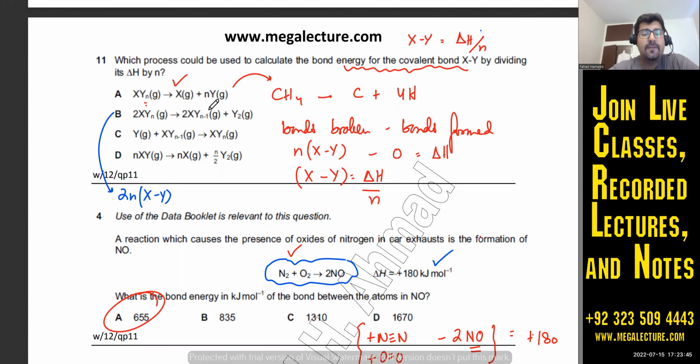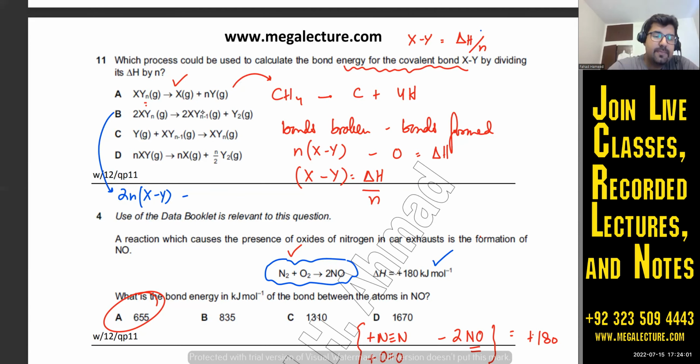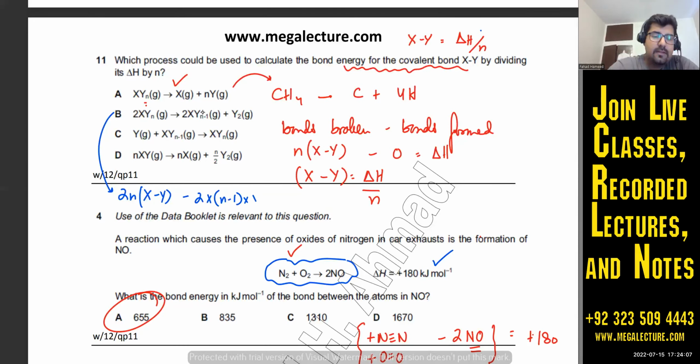How many bonds are formed in this reaction? 2 times N minus 1 bonds of XY are formed.